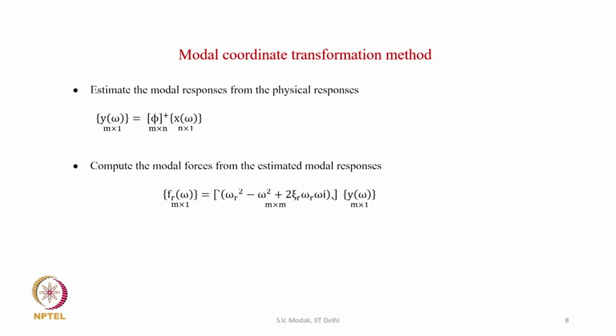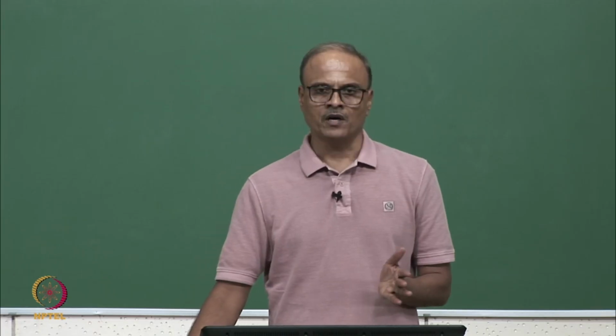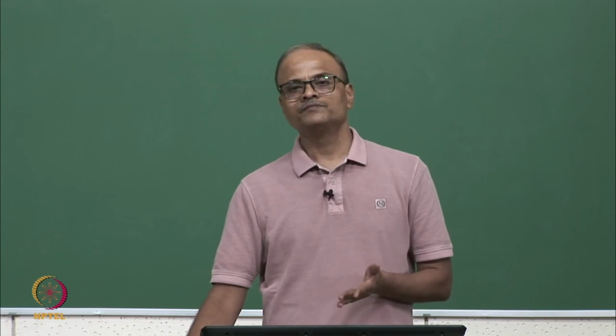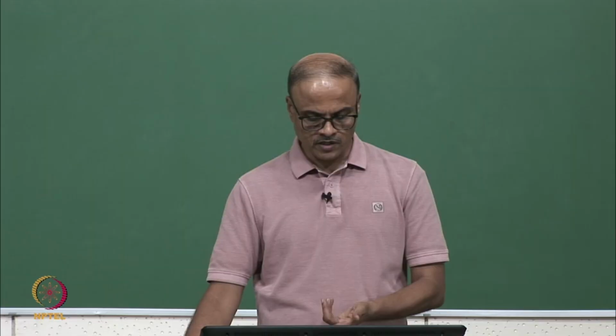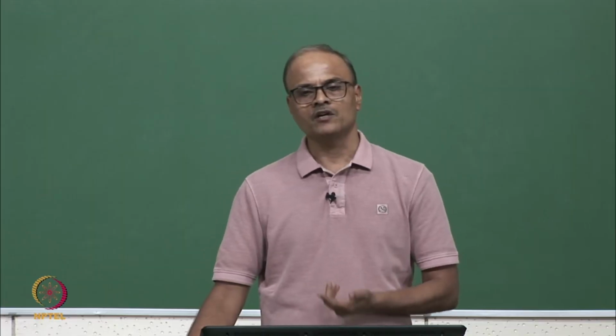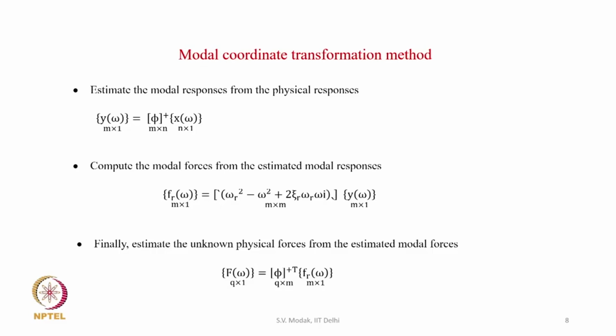Because the model is available, we know the natural frequencies, that is all the values of omega r on the diagonal. We also know the modal viscous damping factor zeta r. Therefore, there is no estimation involved here; we are basically computing the modal forces from the modal responses.